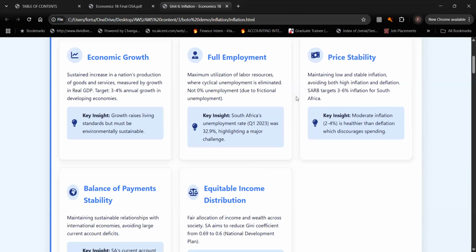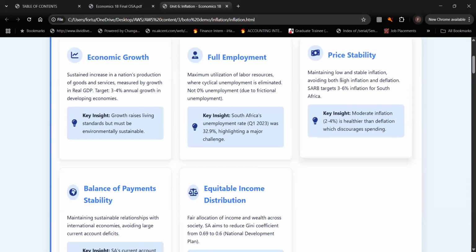Then we have elements relating to price stability as well. With price stability, it becomes imperatively important to have an economy where prices are stable, because if you do not have stable prices, long-term planning becomes difficult.